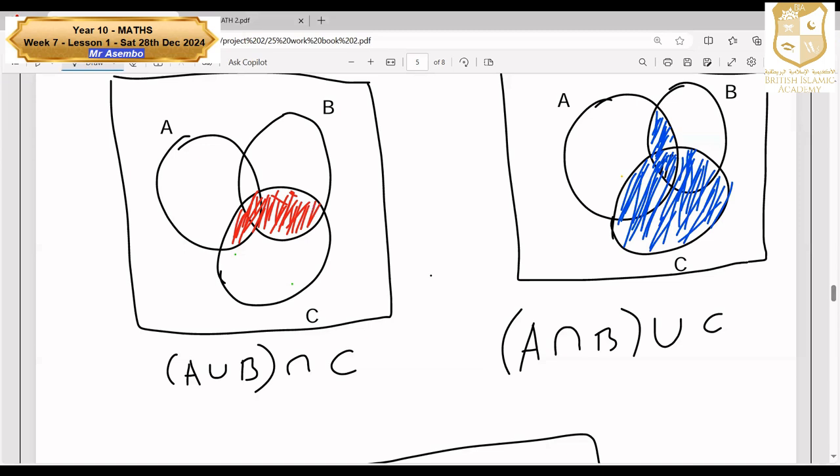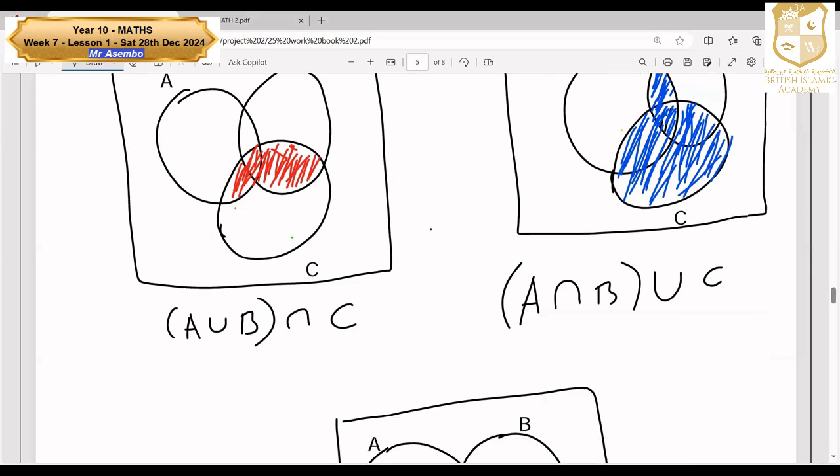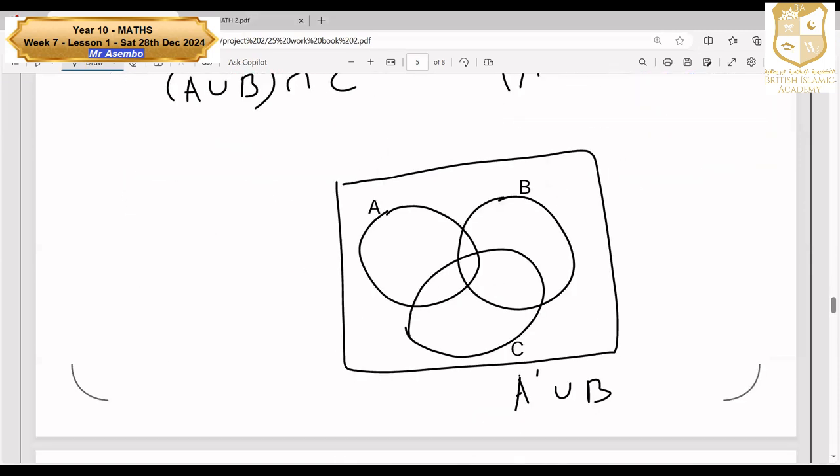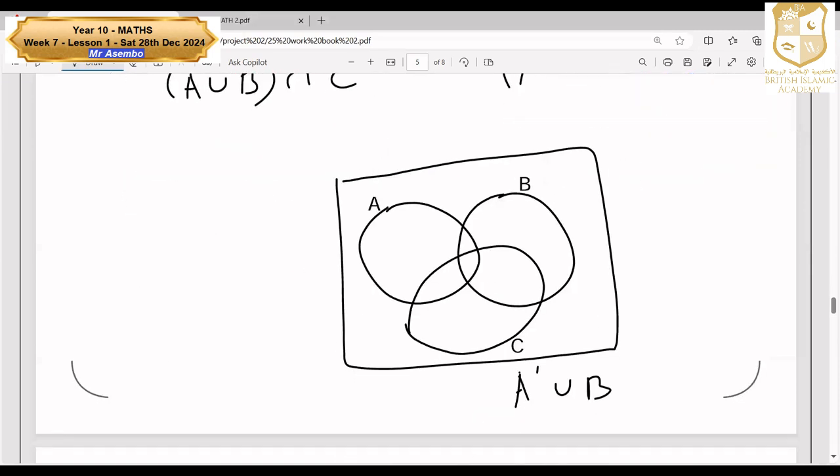Now let's look at the last one here. It is presenting us A complement union B. Now you can draw it separately or you just pick it in the middle there.